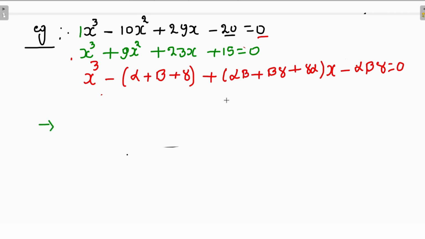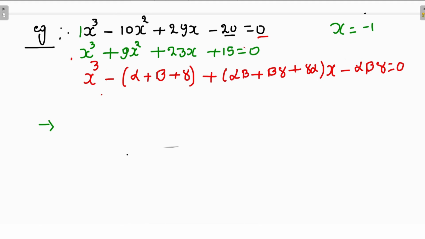If I take the previous method, we have to assume the x value is plus 1 or minus 1. Here I have to assume minus 1. Why? Because if I take plus 1, everything will be plus only. If everything is plus and we add it, we won't get 0. It is common sense.